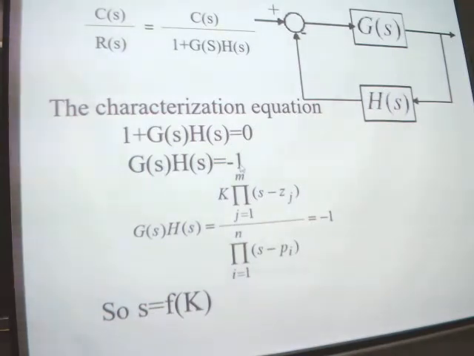We can see here, if we move this one to the right side of the equation, then the characteristic equation can be written as G(s)H(s) = -1. If G(s)H(s) equals this, then s is a function of k.